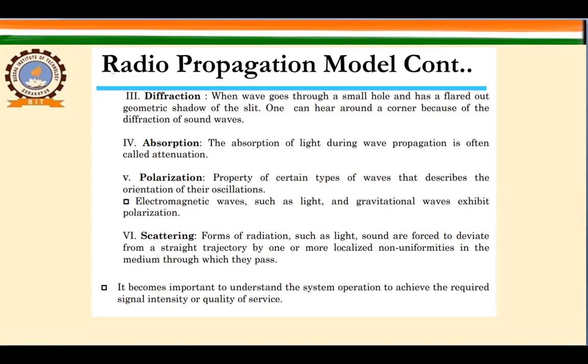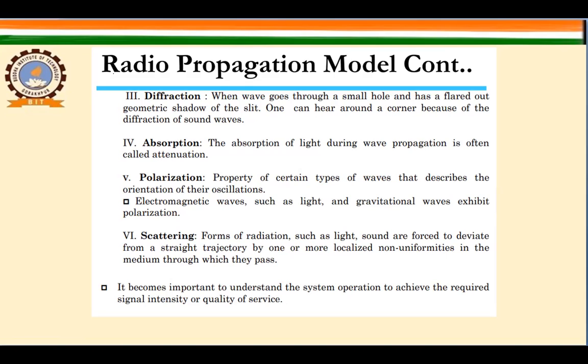Polarization is the property of certain types of waves that describes the orientation of their oscillations. In wireless mobile communications, polarization takes place from 0 to 180 degrees, and after that no polarization takes place.